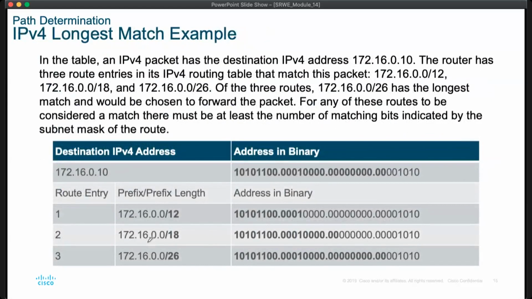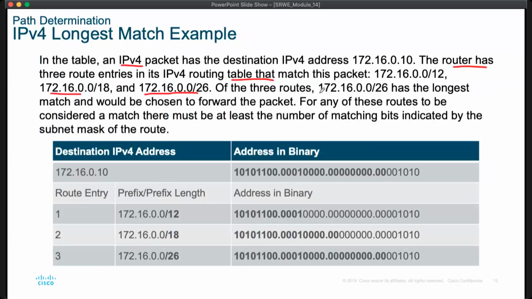IPv4 longest match example. In the table below, an IPv4 packet has the destination IPv4 address 172.16.0.10. The router has three route entries in its IPv4 routing table that match this packet: 172.16.0.0/12, 172.16.0.0/18, and 172.16.0.0/26.